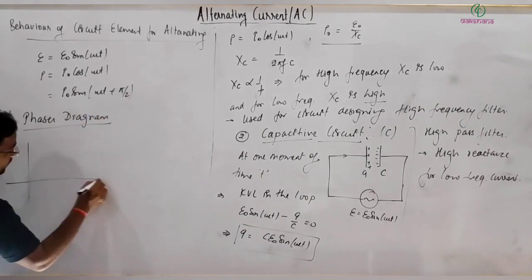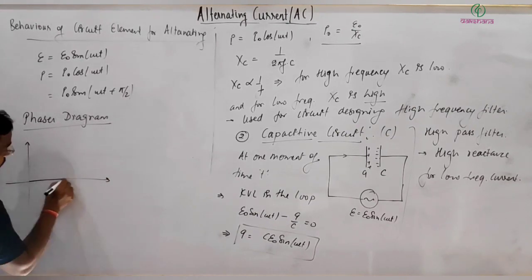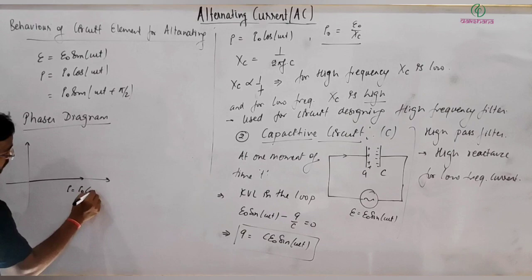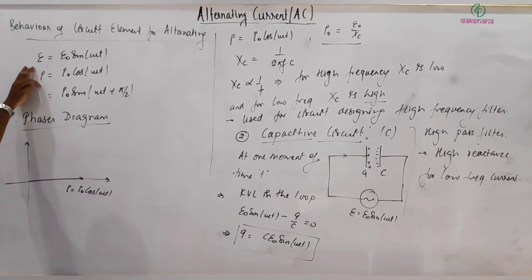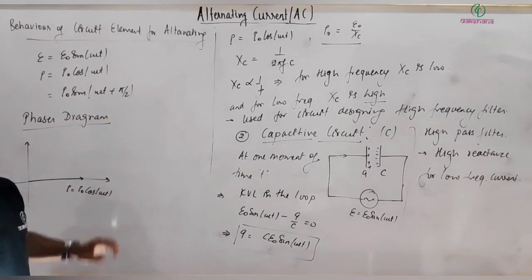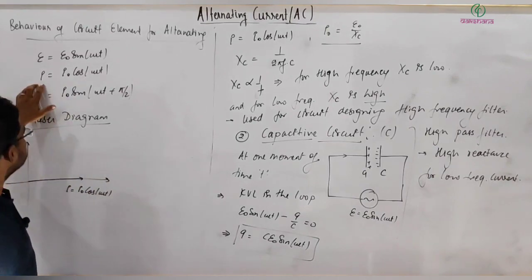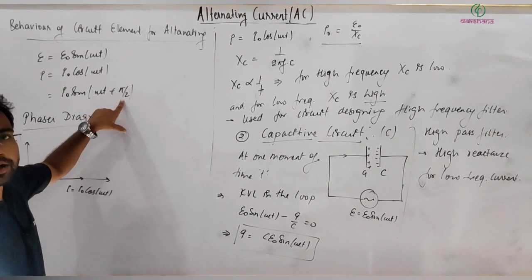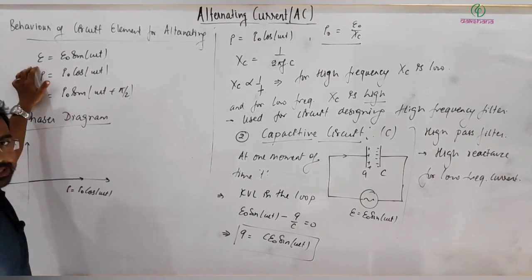When I am taking current on the x-axis, let's say this is I naught cos of omega t, here you can see the phase difference between E and I is definitely pi by 2, and it is running forward. Wherever it is reaching, at t equal to 0 it's already pi by 2 angle forward. So I leads voltage, current leads.